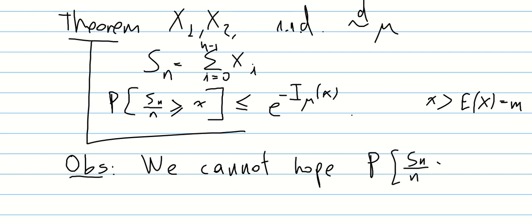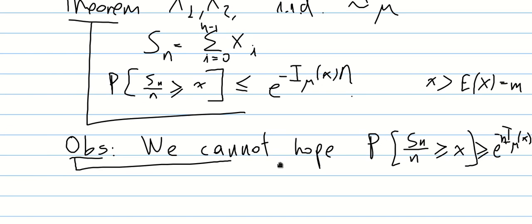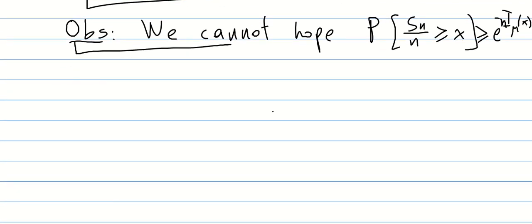You're going to get sharp lower bounds, but we cannot expect this, right? This is too much, because then it would be an equality, and we don't expect the decay to be exactly this. Oh, by the way, I forgot an n here.